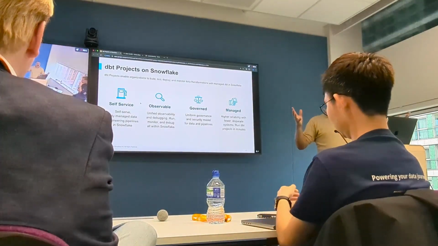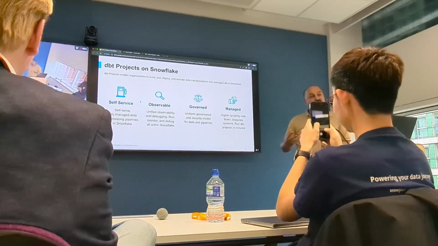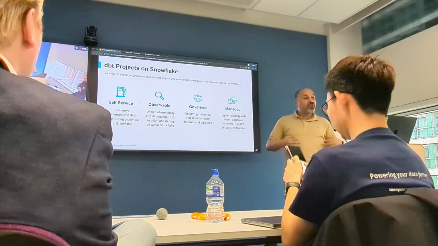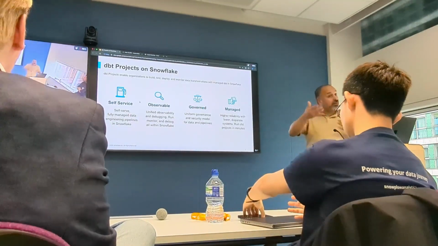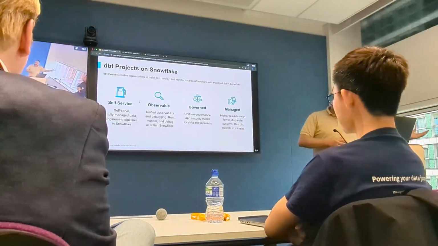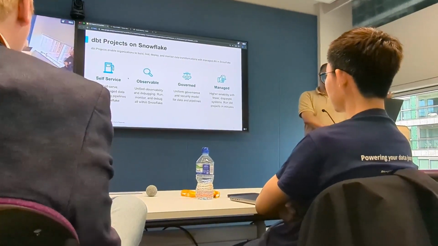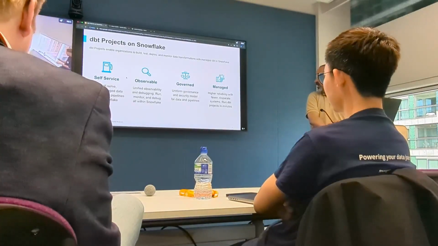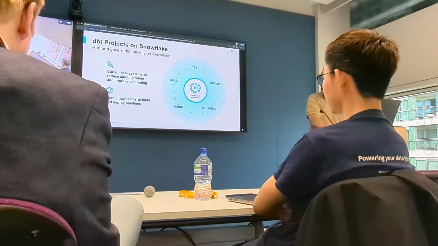One UI to rule them all. Governed: the same user access that you already have to your data is the same one you use to run jobs on your data, so you don't have to get access on a new system. And managed: as I mentioned already, it runs within the managed Snowflake environment.